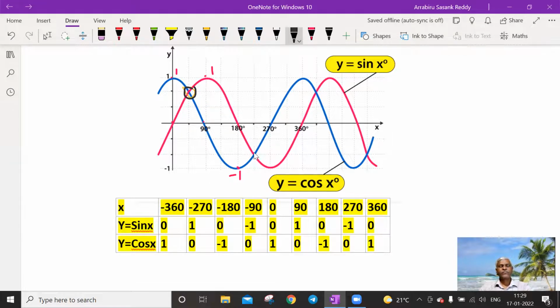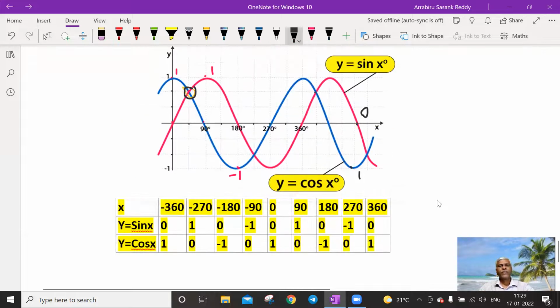Again, at 225 degrees also, they are intersecting at this point. So at 360, sin 360 is 0 and cos 360 is 1. So this point is 1, and this point is 0.